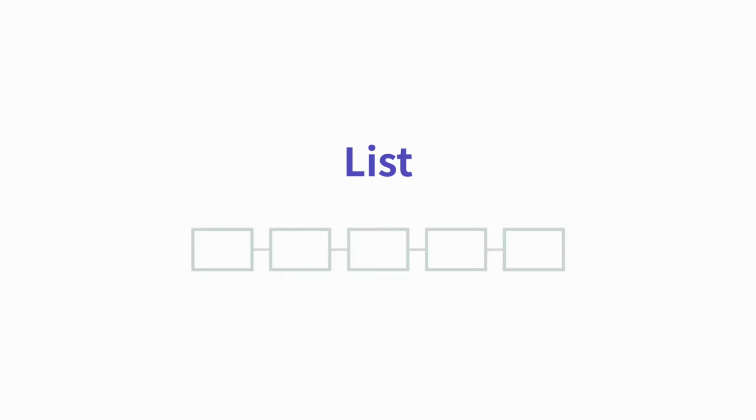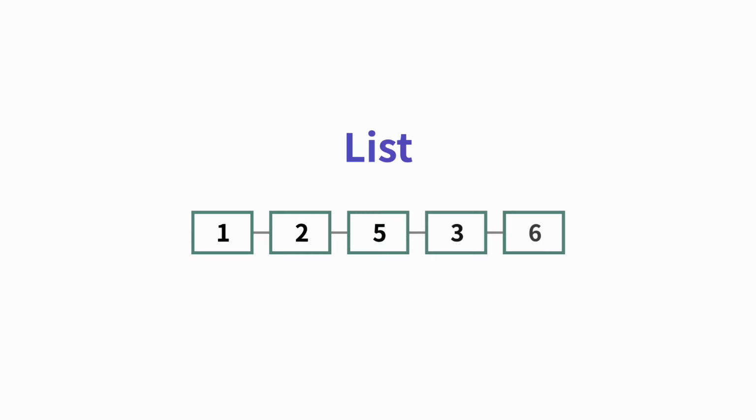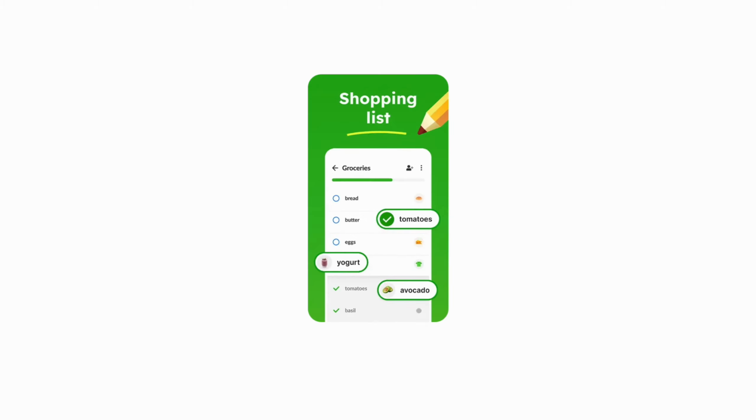A list stores an ordered set of data, like a train where each carriage holds one piece of data. For example, when we go shopping, we usually make a shopping list that has all the items we need to buy. This shopping list is a real-life example of how lists work. At this point, you might be wondering, why use a list for a shopping list instead of a string? To answer that, we first need to clarify the key differences between lists and strings.